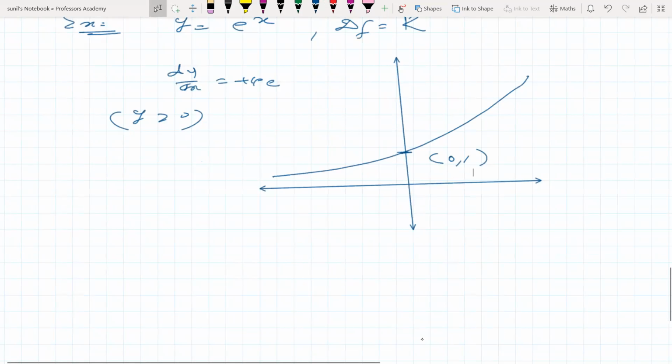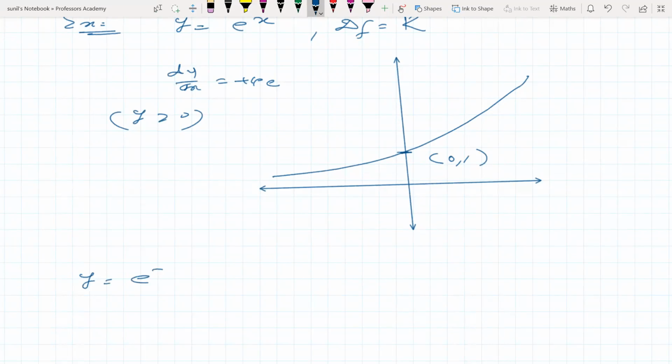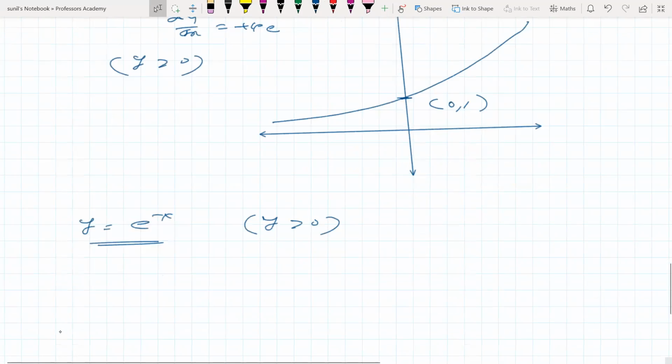Similarly, you can find the graph of y equal to e raised to minus x. Here also y should be positive. That means the graph is always above the x-axis. But if you find the derivative, it becomes minus e raised to minus x. So the derivative is negative.